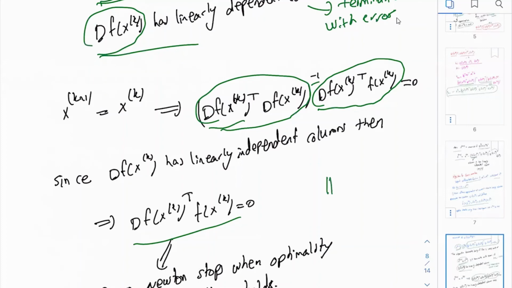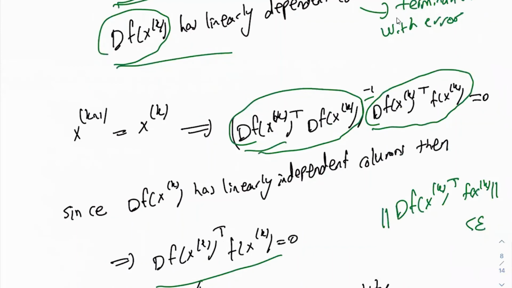We want the norm of Df of xk transpose f of xk to be less than epsilon. You see, in a lot of places, they write this quantity. This is the optimality condition. We want this norm to be 0, but it's very hard to be exactly 0 using floating point operations. So we want this norm to be less than epsilon. You can let epsilon be 10 to the negative 6, 10 to the negative 7.